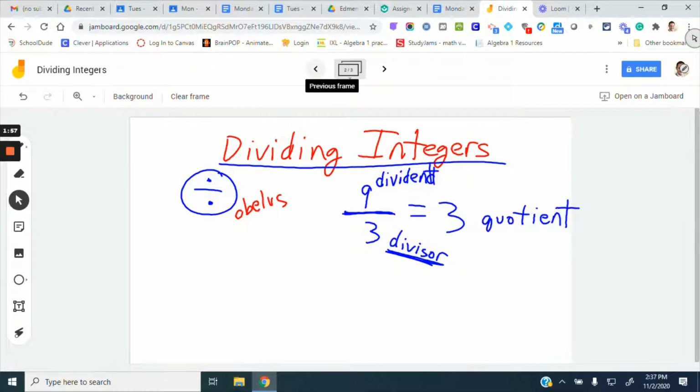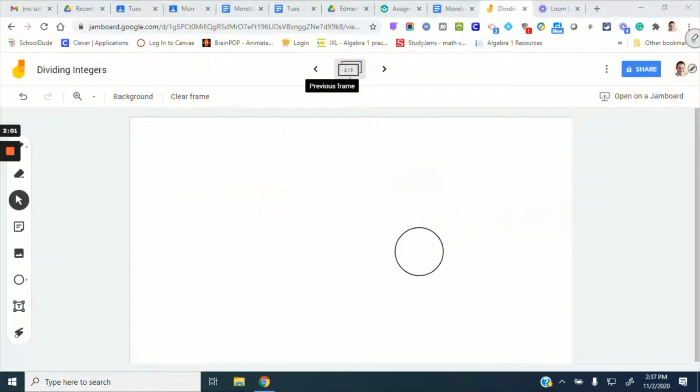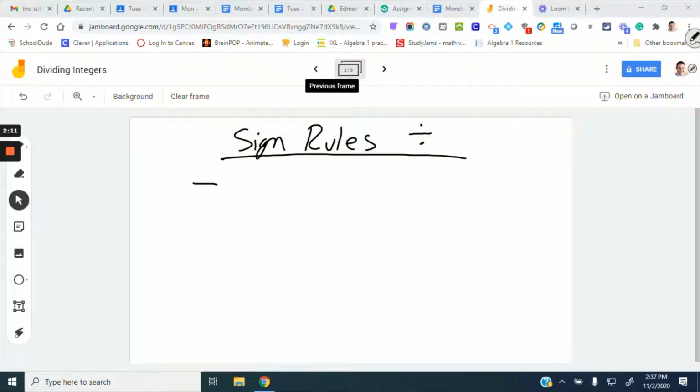So let me clear this off here. For our sign rules for division, a negative divided by a negative is positive. Also, a positive divided by a positive is positive.